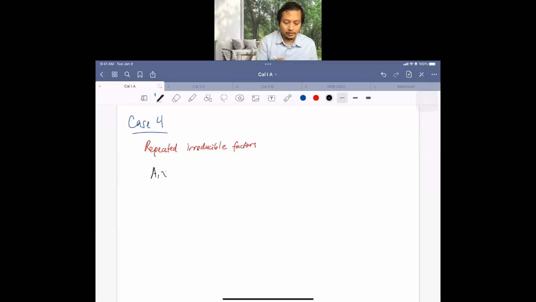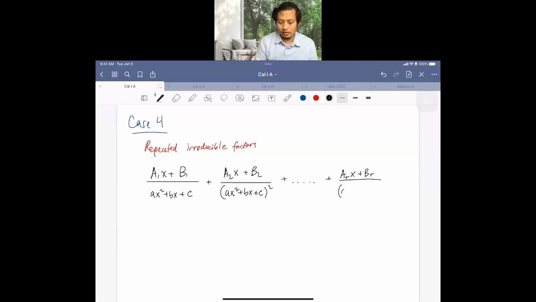So, for example, we have the linear expression on the top, and the first one is we have the factors, and then we have the second part, and then until some r, and then this part is the irreducible factors. So we still treat it like repeated linear factors, but it's irreducible. And then the top will be a linear expression. Okay, so let me write the fractions.